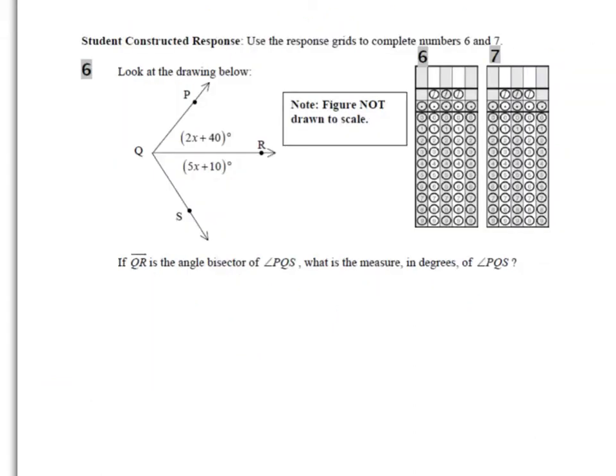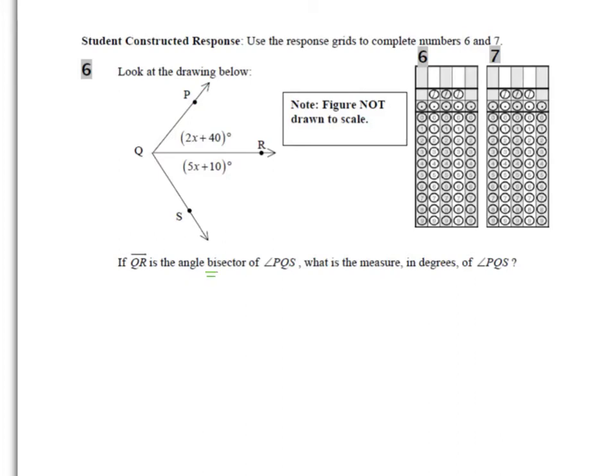So for question number 6, we're given another drawing, and we're told that QR, which is this ray right here, is an angle bisector of PQS. So my first question would be, what is an angle bisector?